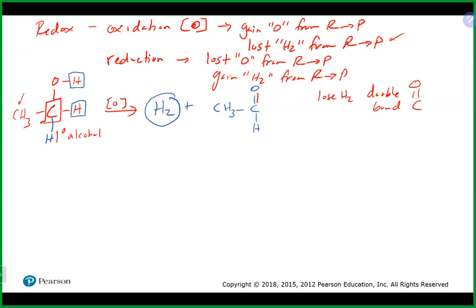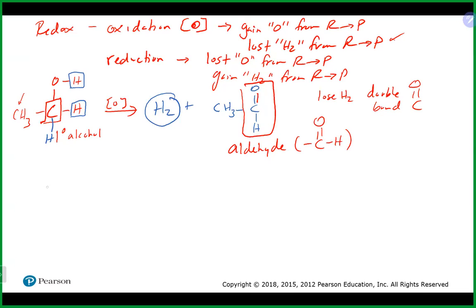So that's pretty much always the deal. This is all you have to remember: take off the two hydrogens in the right location, put a double bond between the carbon and the oxygen, copy everything else exactly the same. This makes, again, a different sort of organic molecule, which is known as an aldehyde. And an aldehyde has the functional group of a carbon-oxygen double bond and that hydrogen that is there.